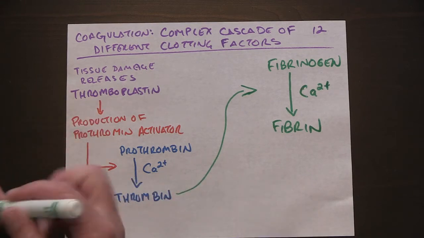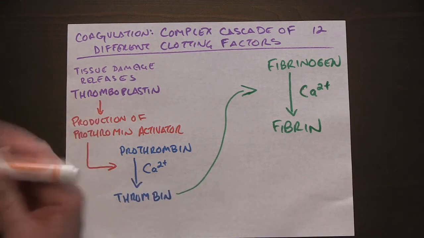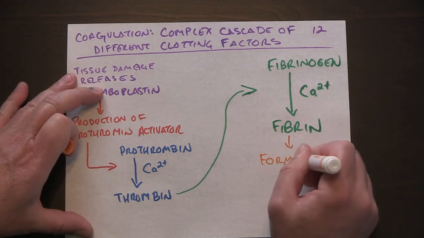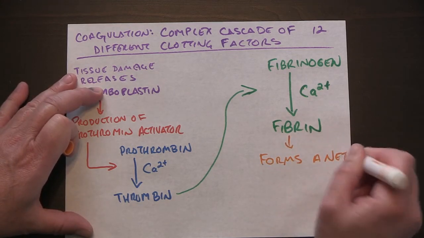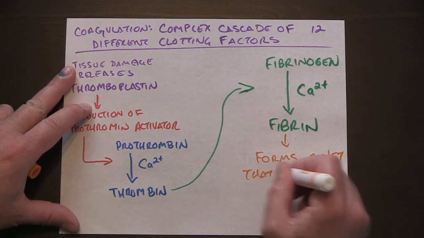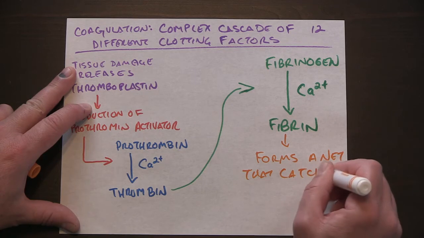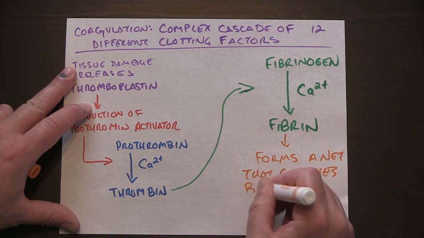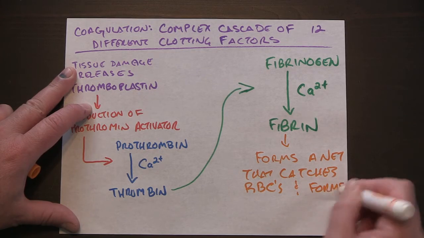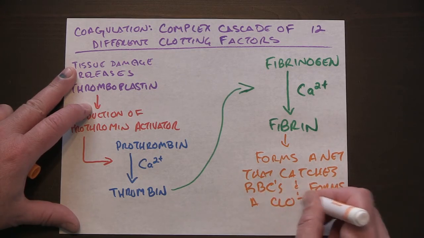And then fibrin, in turn, starts to form a net. It's like a protein net, basically, that catches red blood cells and forms a clot.